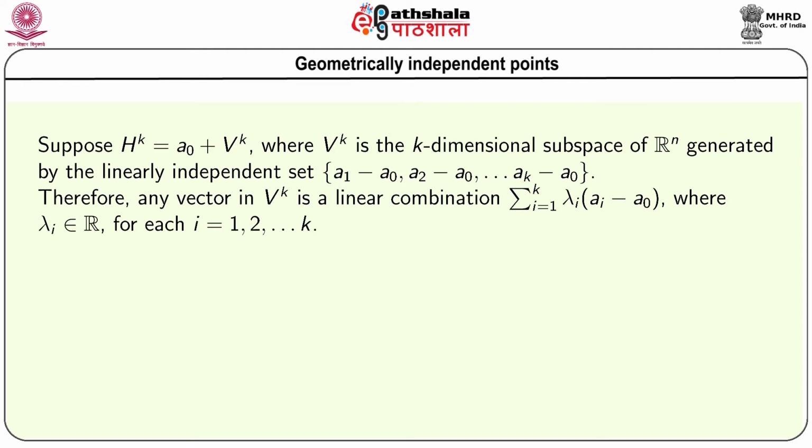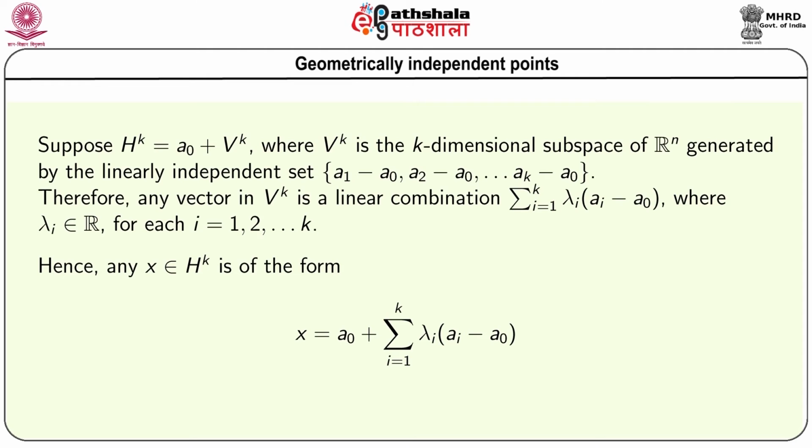Therefore, any vector in Vk is a linear combination, summation lambda i Ai minus A0, over i equal to 1 to k, where lambda i is a real number for every i equal to 1 to k. Hence, any x belonging to Hk is of the form A0 plus summation lambda i Ai minus A0, where summation is over i equal to 1 to k.